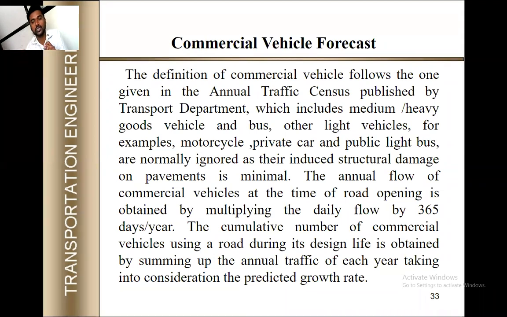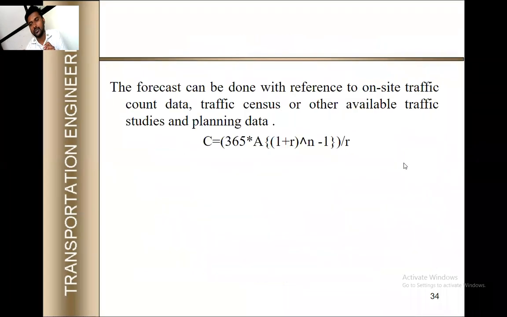That gives us the cumulative number of commercial vehicles. The forecast can be done with reference to roadside traffic count data, the traffic census, other available traffic studies, and planning data.